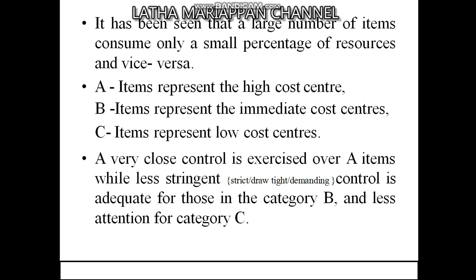A items include only the high cost center, B items represent the intermediate cost center, and C items represent the low cost center.